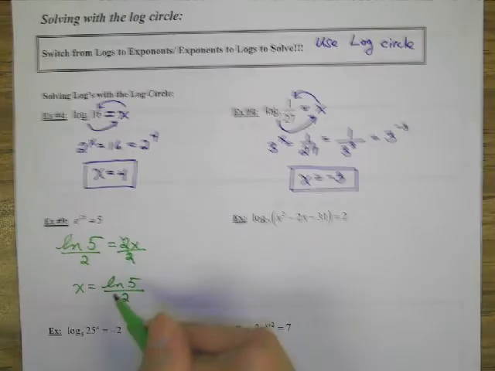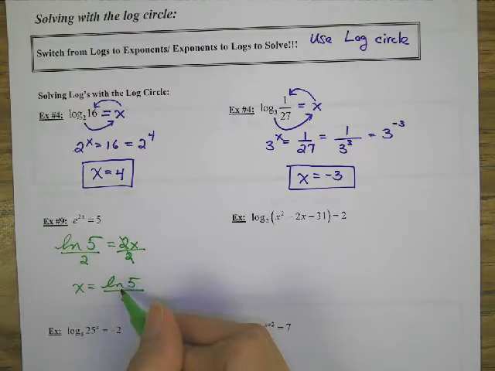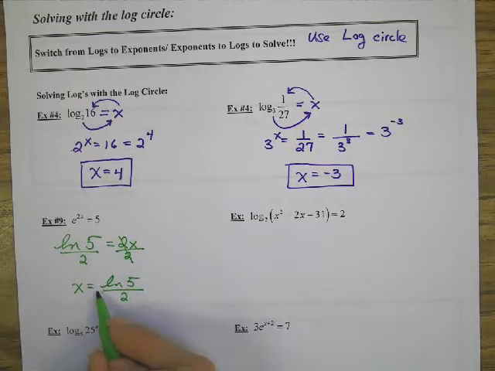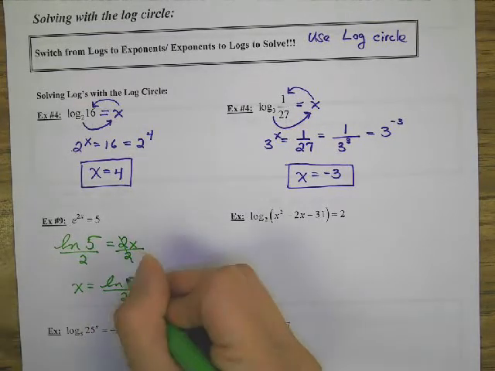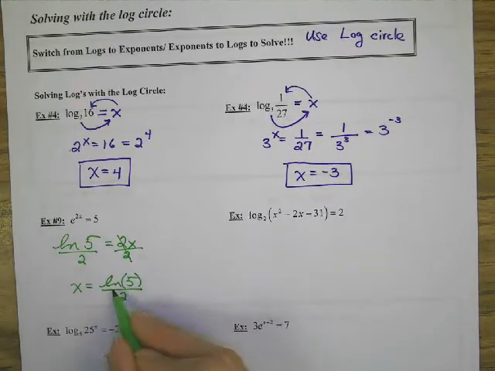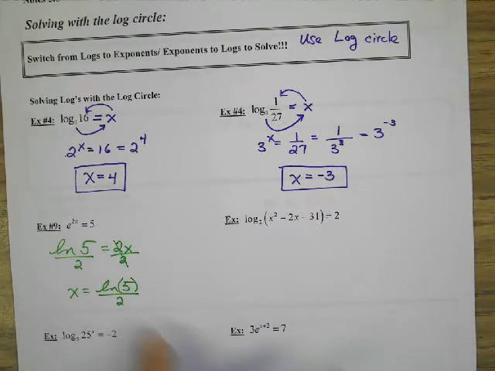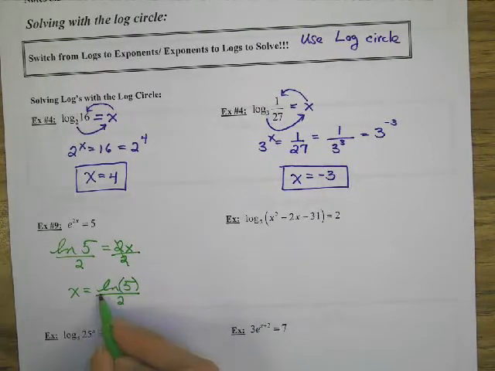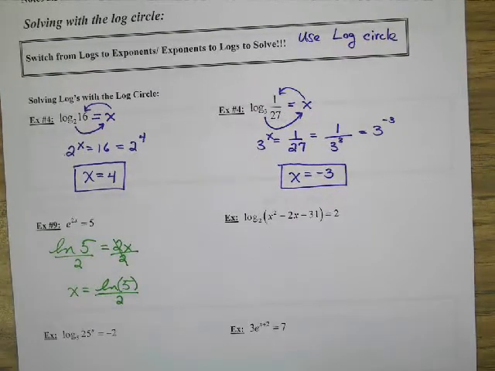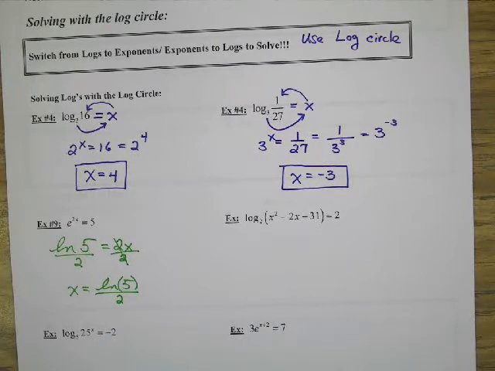Now let me ask you a couple questions. Is 2 in the log? And the answer is no, it's not. It's all over 2. The only thing in the "of" for the natural log here is the 5. If you'd like to use some parentheses around the 5, you can. They're not necessary, but that helps some people. And then it's all being divided by 2, which is not in the "of".